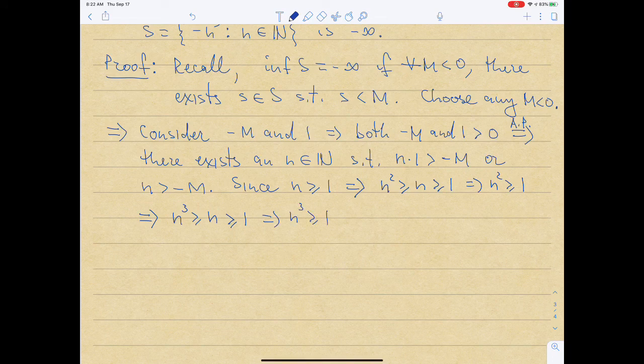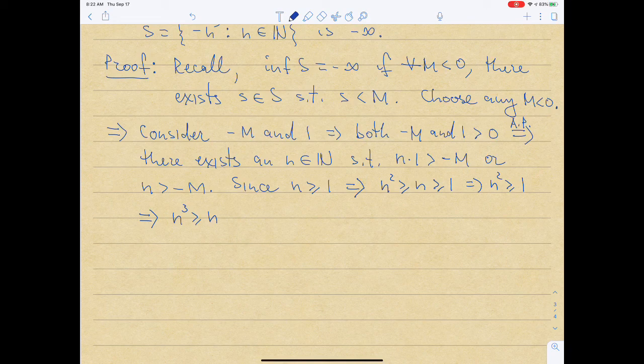Using the properties of the ordered field, I can immediately demonstrate this. Sorry, actually, I don't need that. What I need is that n cubed is greater or equal than n.